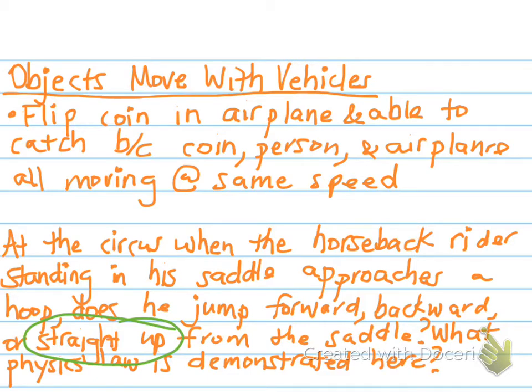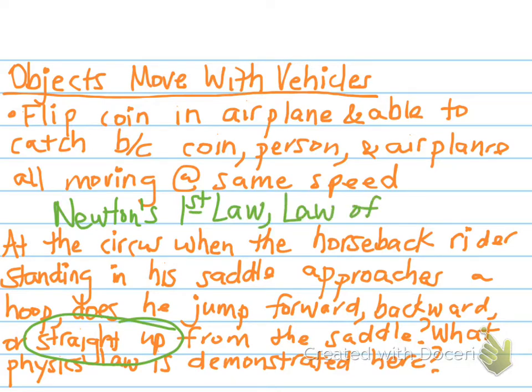And when they jump up, they're going to continue to travel forward at the same speed as the horse. And when they come back down, they should land on the horse. What law is this? This is Newton's first law, known as the law of inertia.